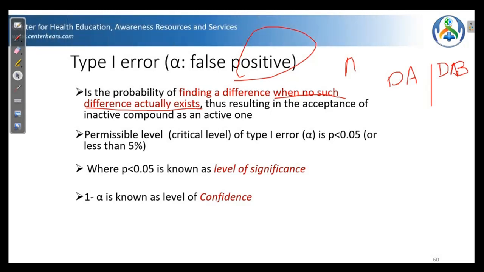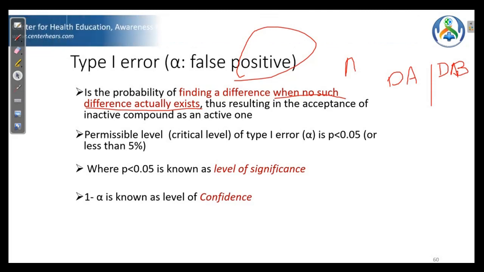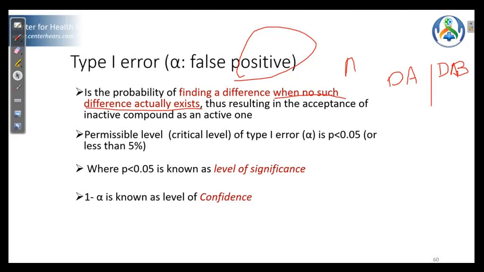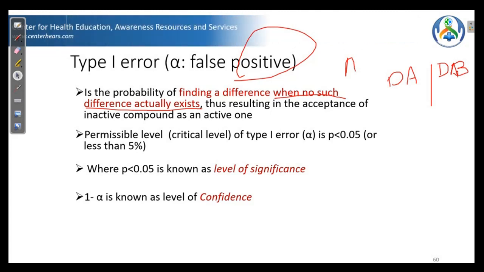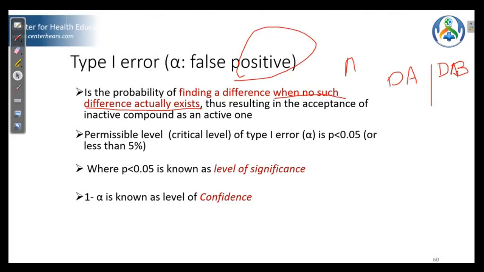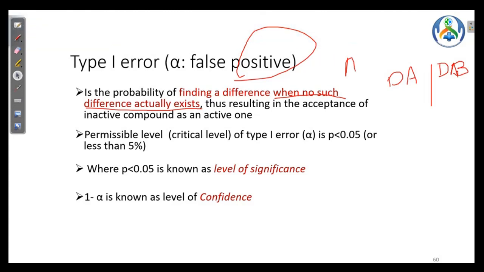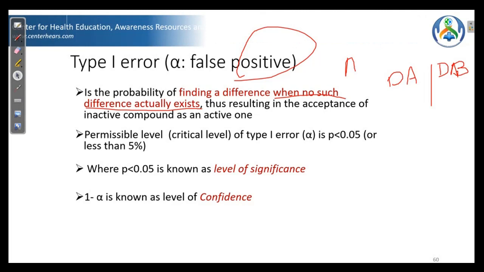So that is a false positive. I have found a new drug, drug B, and I am studying whether drug B is good or not, but I get a difference in the test when actually there is no difference. And this error is permissible up to 5%, meaning it should not be more than 5%.